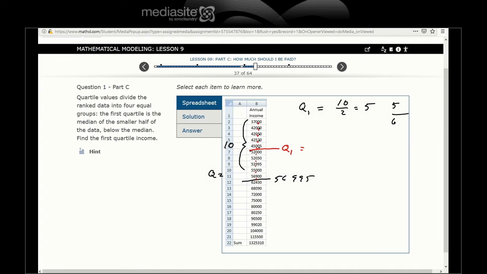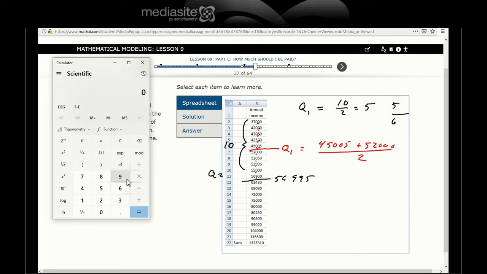So that should be 45,005 plus 5,200 divided by 2, or 48,502.50.